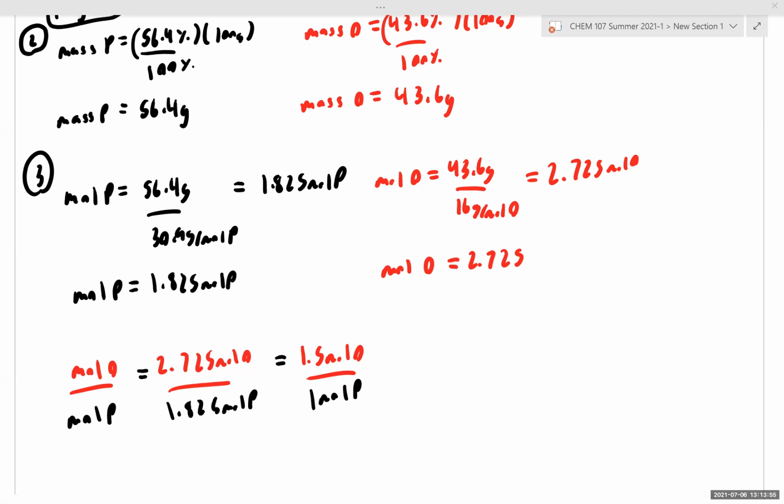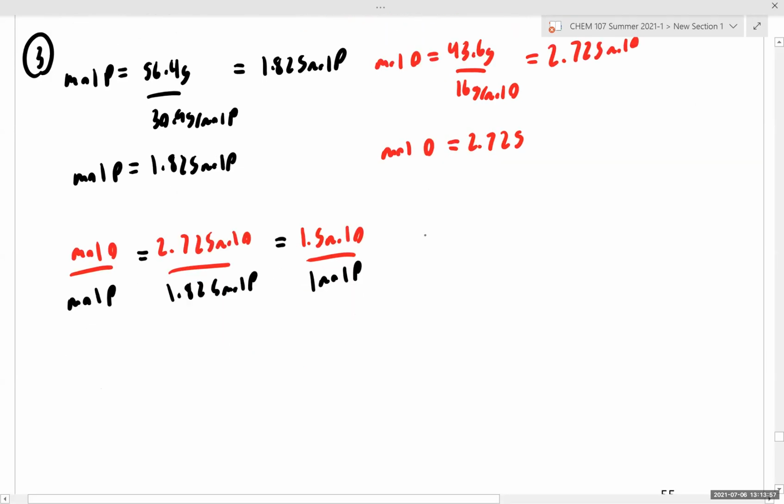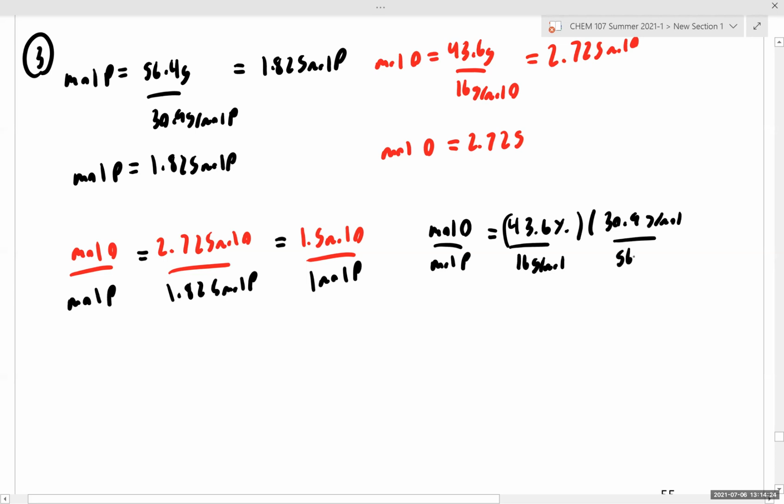One thing I'd like to point out, you can also use the formula method. Using the formula method for the moles of oxygen per mole of phosphorus, we take the percentage of oxygen, which would be 43.6, over the molar mass, which is 16 grams per mole, times the molar mass of phosphorus over the mass percentage of phosphorus.